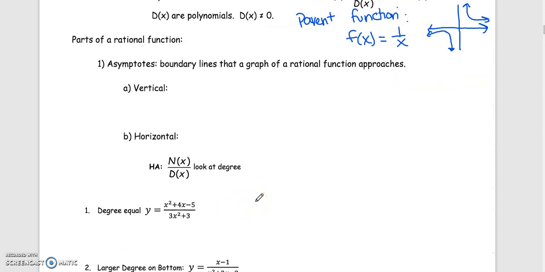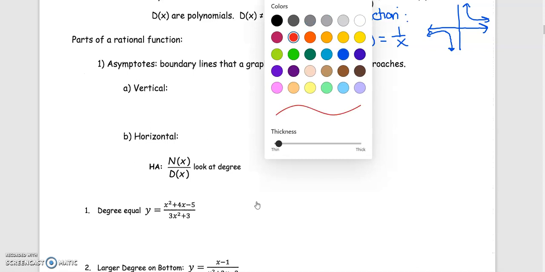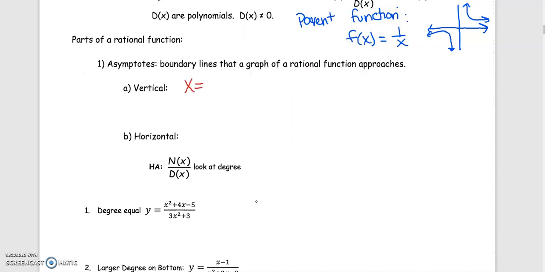But we have what's called asymptotes, and that is the boundary lines that a graph of a rational function approaches. And the vertical would be x equals, kind of that dashed vertical line. So to find the VA, vertical asymptotes, you're going to set the denominator equal to 0 and solve.